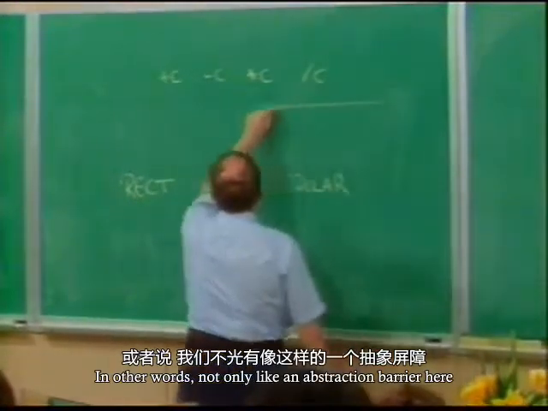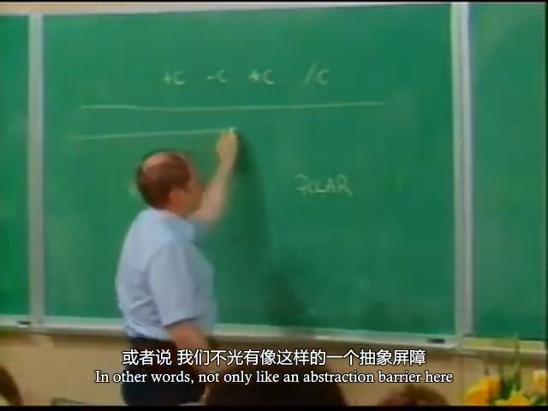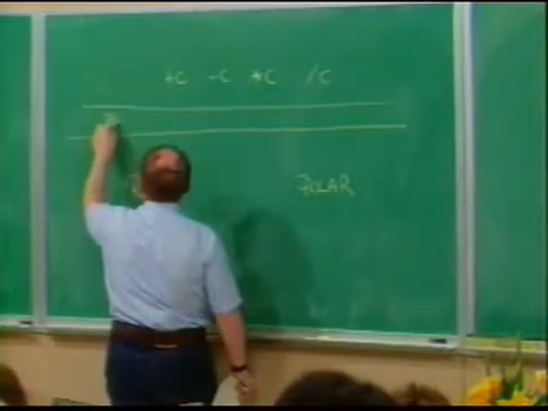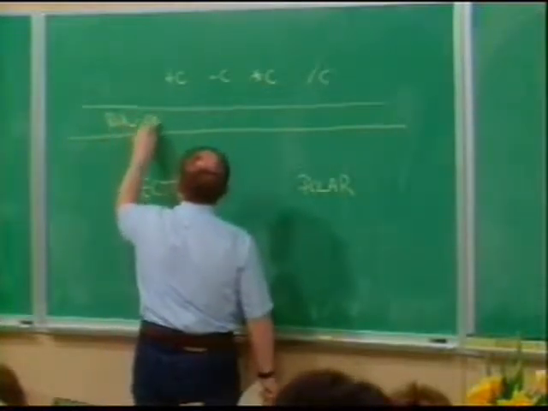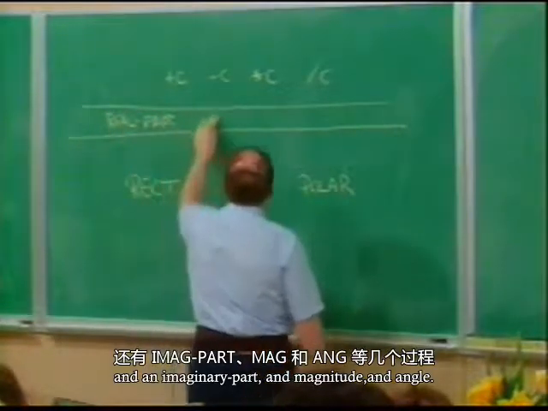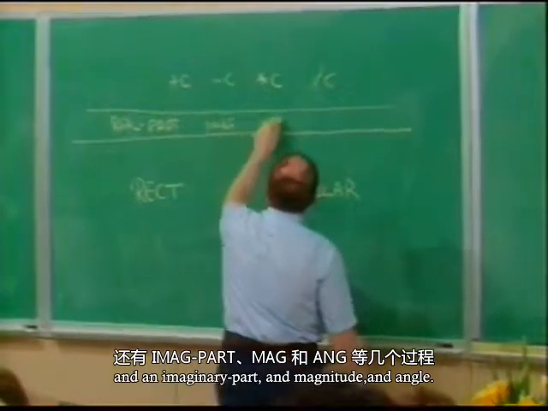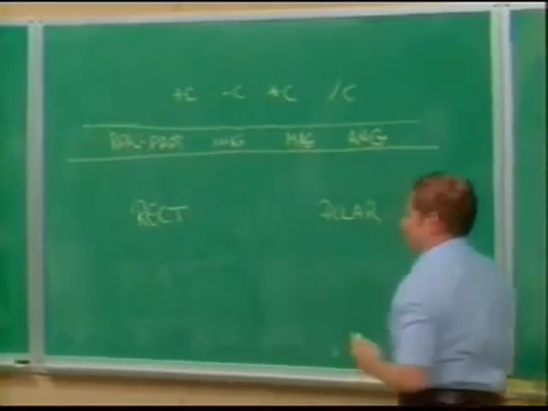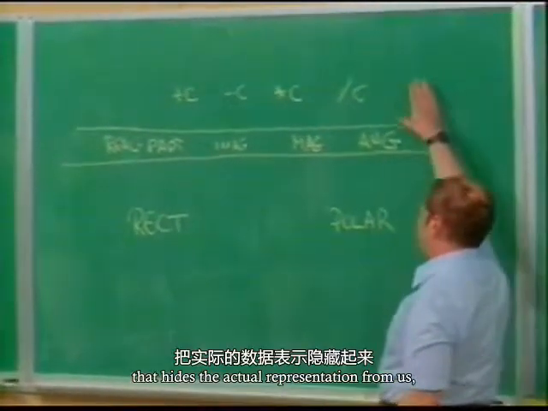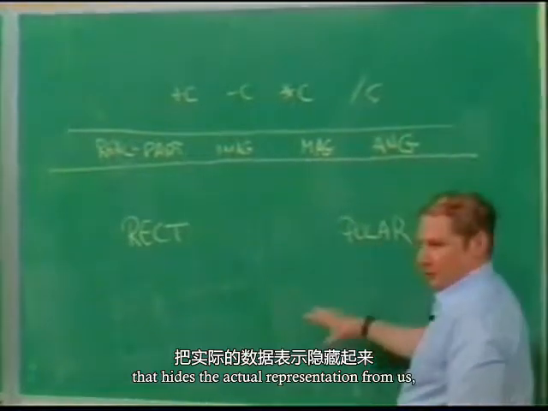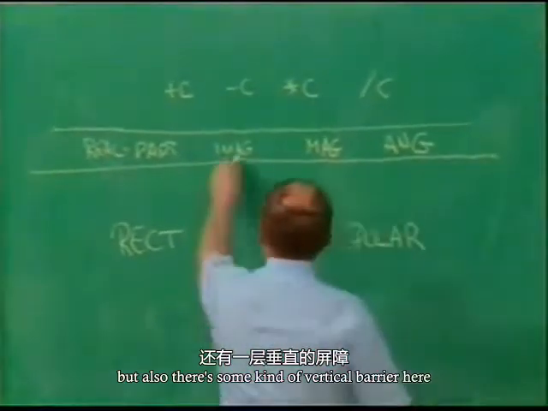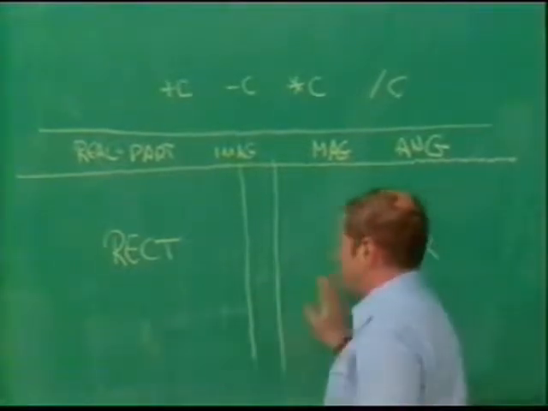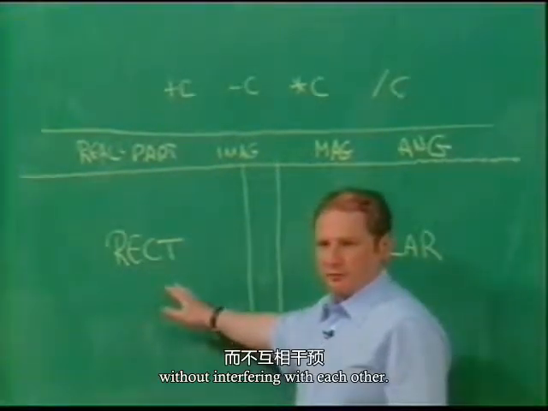In other words, not only we'd like an abstraction barrier here that has things in it like real part and imaginary part and magnitude and angle. So not only is there an abstraction barrier that hides the actual representation from us, but also there's some kind of vertical barrier here that allows both of these representations to exist without interfering with each other.